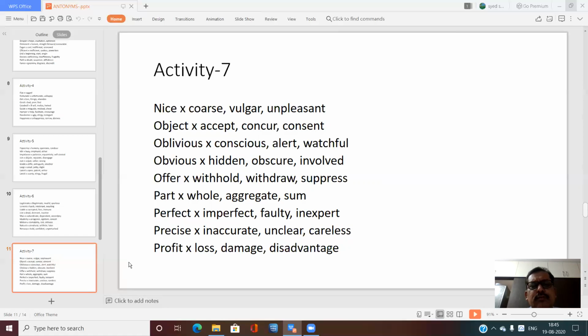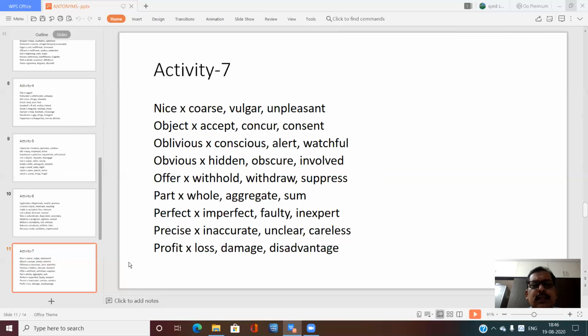Opposite words: conscious, alert, watchful. Conscious means to be in one's senses.